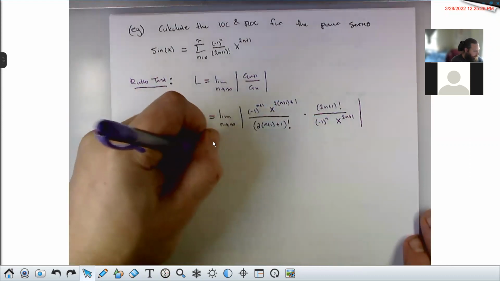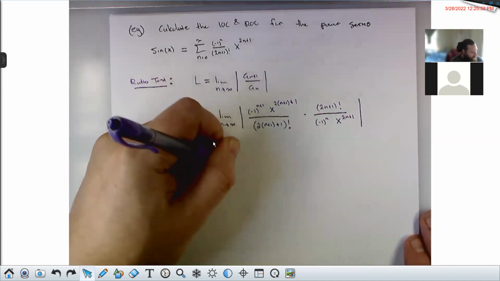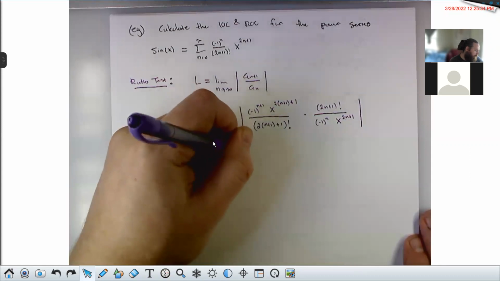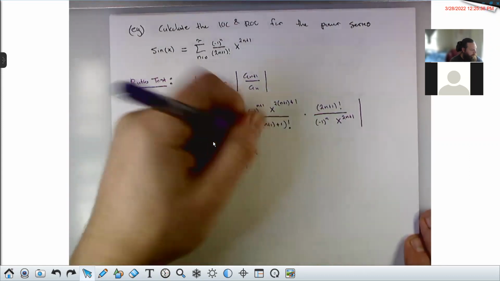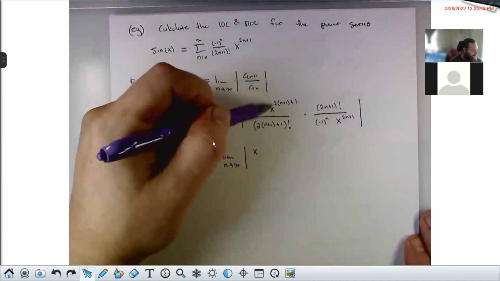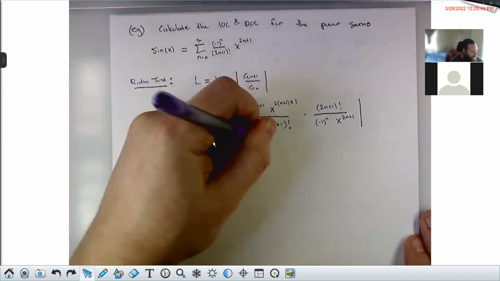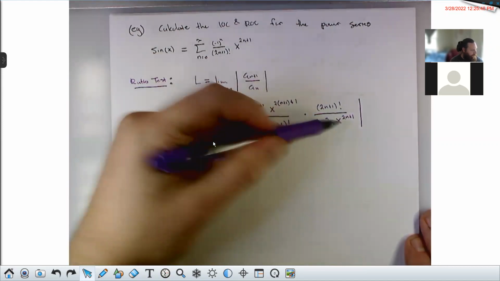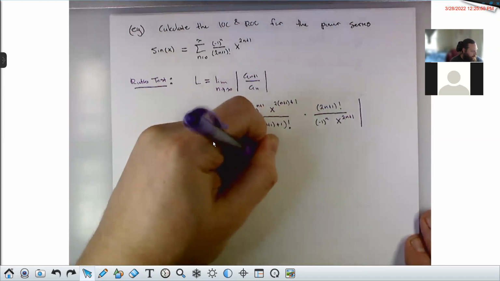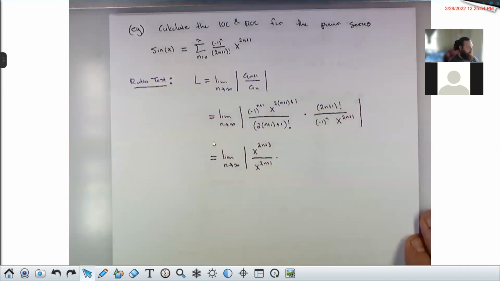Let's do that. I'll put the x's in the first chunk. Still absolute values, be careful with those. So upstairs here, this is x to the 2n plus 2 plus 1, which is 2n plus 3. And then this x is x to the 2n plus 1.